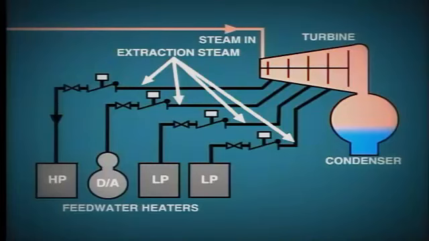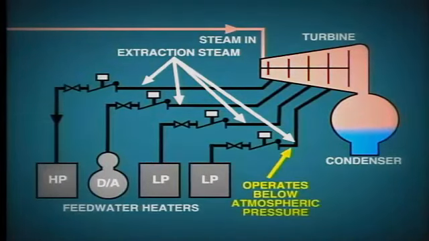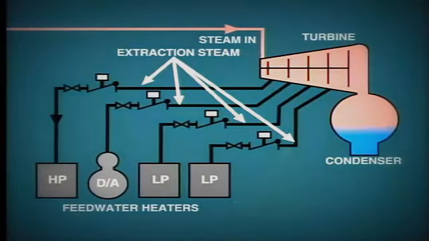In fact, in the case of a condensing turbine, the last stage of extraction will operate below atmospheric pressure. In this particular scheme, we have 2 low-pressure closed heaters, 1 de-aerator and 1 high-pressure closed heater. We'll be talking more about the heaters later in this module.